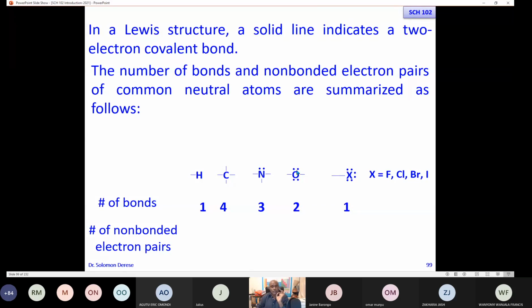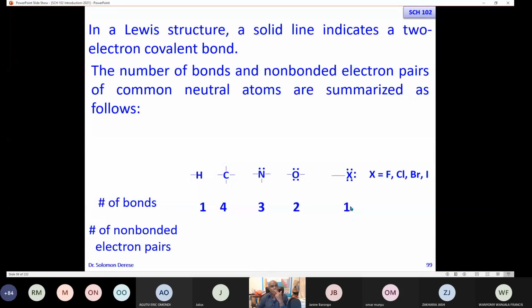This lone pair of electrons on the nitrogen, and then these 2 lone pairs of electrons on the oxygen, they are not involved in any chemical bonding. These are the non-bonding electrons, the lone pair of electrons, the unshared electrons. Then when you look at the halogens, they form 1 bond. Of course, as a result of this 1 bond, they will have 2 electrons.